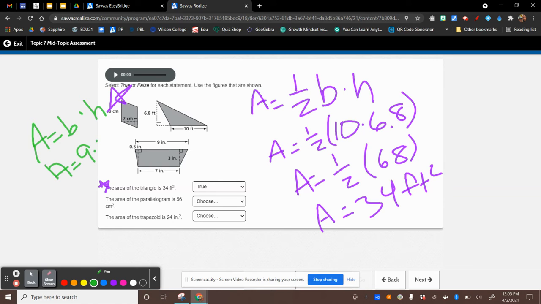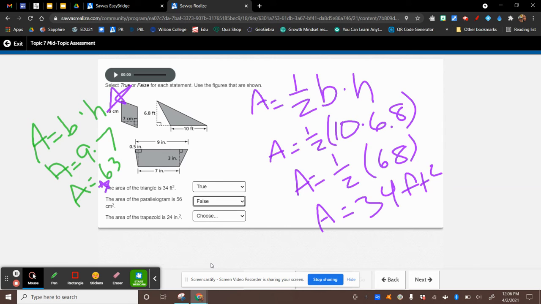My height is 7. The height makes a right angle. 9 times 7 equals 63 centimeters squared. So that one is false.